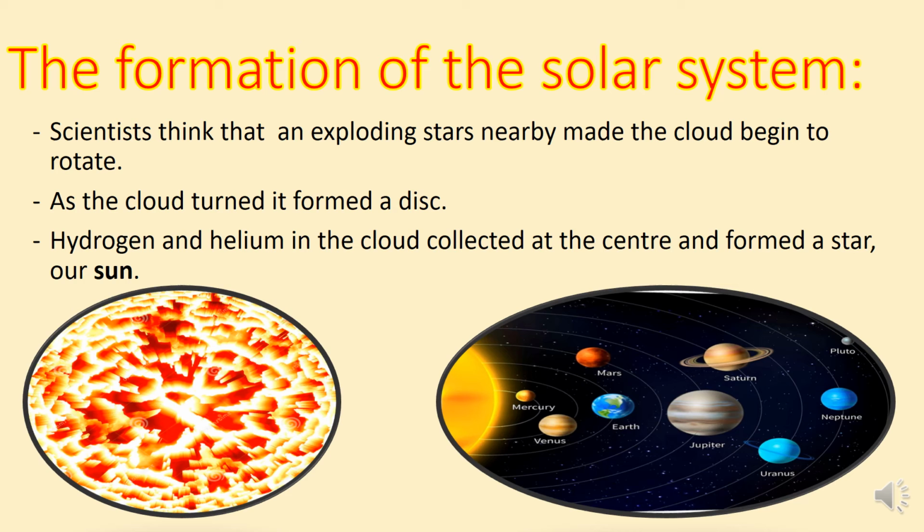They think an exploding star nearby made the cloud begin to rotate. As the cloud turned, it formed a disk. Hydrogen and helium in the cloud collected at the center and formed a star, which is the sun.